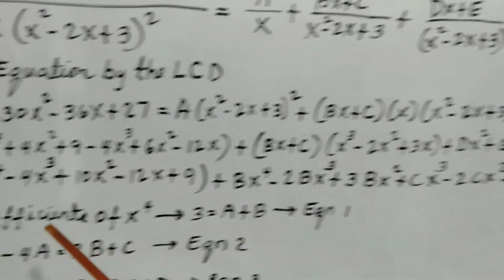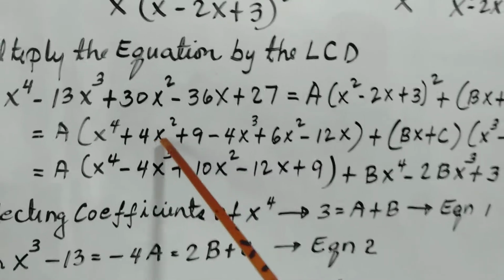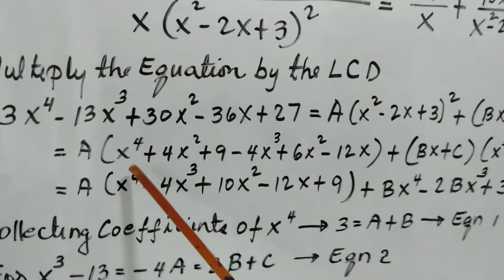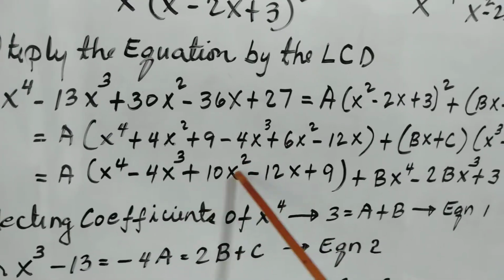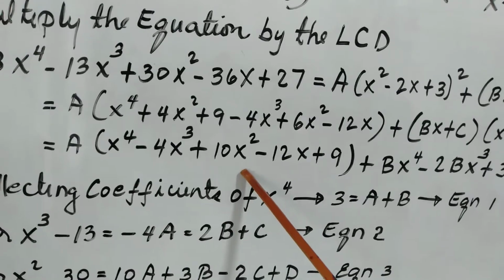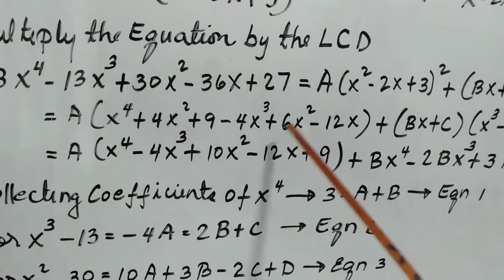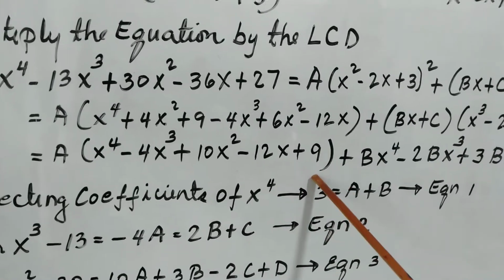After doing so, we just combine the similar terms, arranged in descending powers: x to the fourth, and x cubed minus 4x cubed. So this one is 4x squared plus 6x squared, this time x squared, minus 12x plus 9.